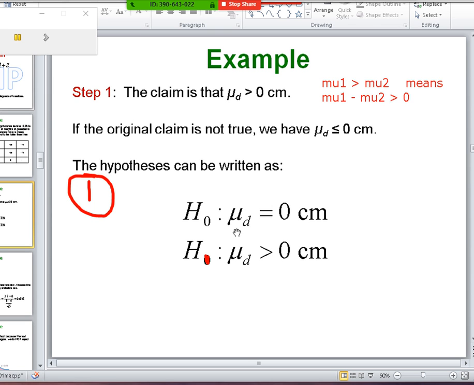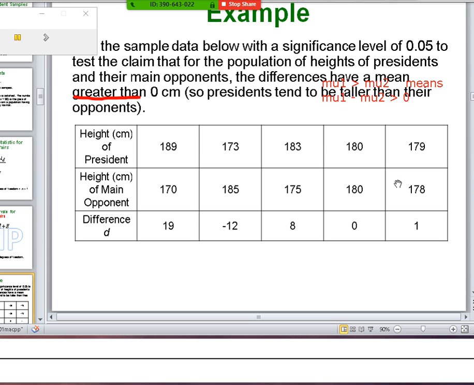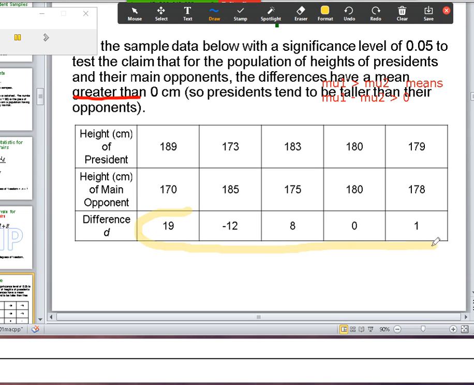I have to say the difference is equal to 0, because that's what I found, these little small d's. I no longer have these numbers and those numbers. Why? Because it's dependent. Because it's dependent, we just subtract them, and all we have is these numbers here. We can't talk about the mu1s and the mu2s anymore, because we're only talking about the differences. So that means we can't use that.